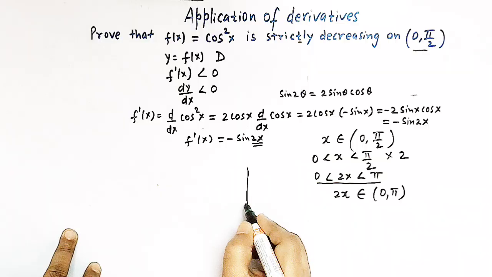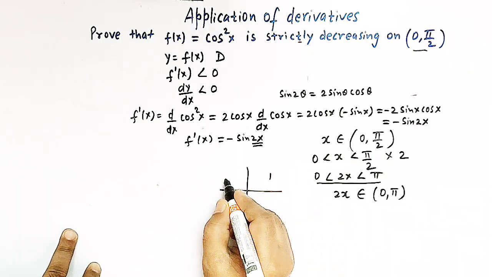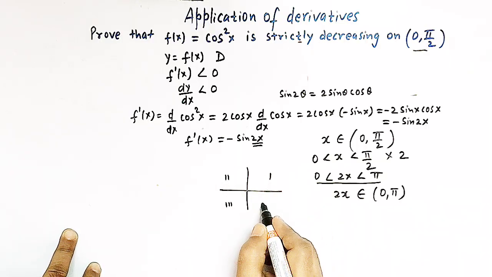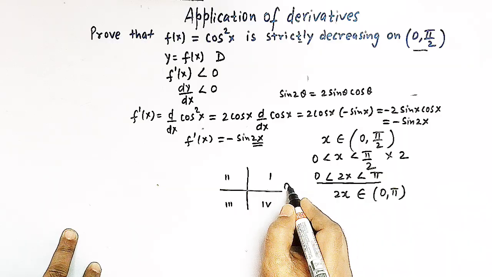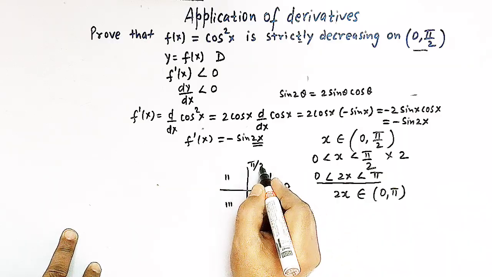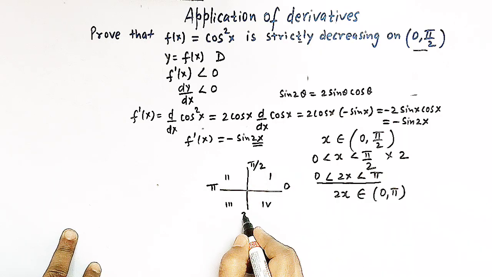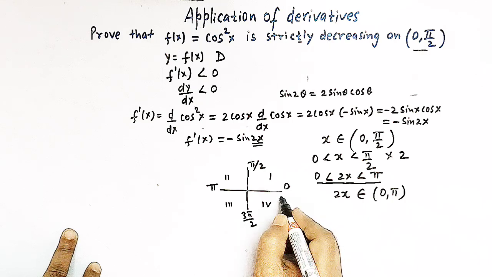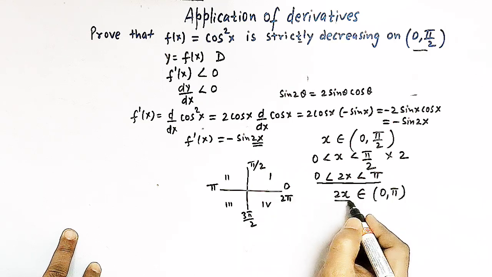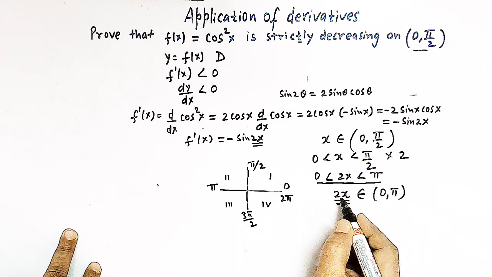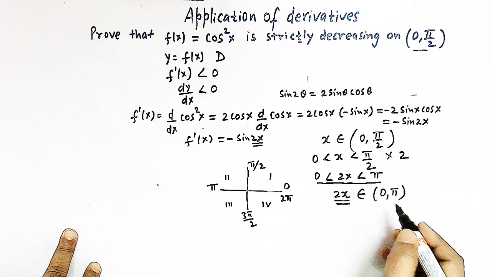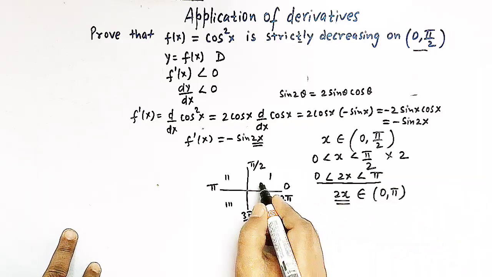And from trigonometry we know that we have the 4 quadrants, and here we have 0, here pi by 2, here pi, 3 pi by 2, and here 2 pi. So from here we can see that 2x belongs to this interval, that is 0 to pi.